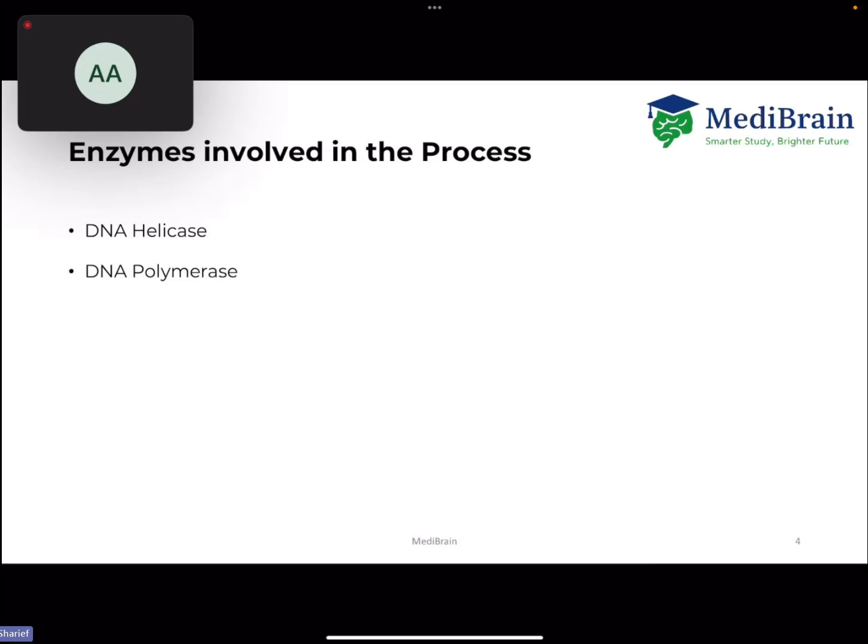Also in paper three, when you look at the essay, they are two enzymes which you talk about a lot. So these are the two enzymes that you need to have noted down, DNA helicase and DNA polymerase.